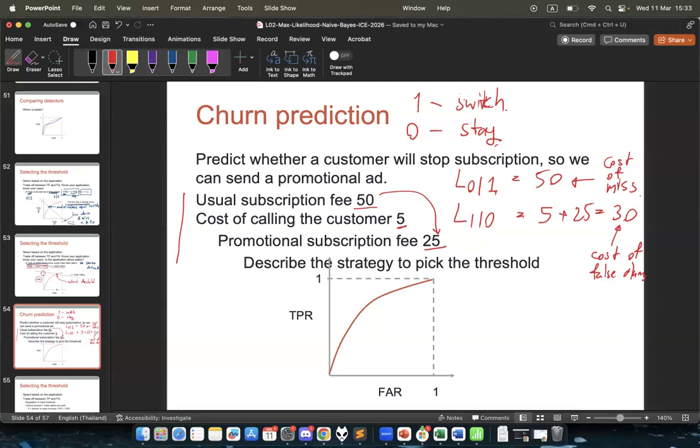Now, according to this, should I have more misses or more false alarms? I should have more false alarms because it's cheaper. Coming back to the previous slide, I need some false alarm rates and 1 minus true positive rates, which is this is the miss and this is the false alarm. So what should I put in front of these two?